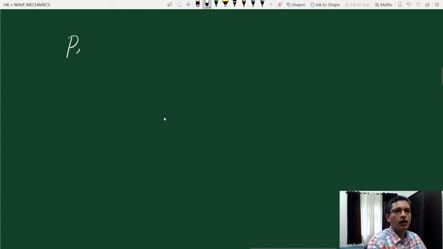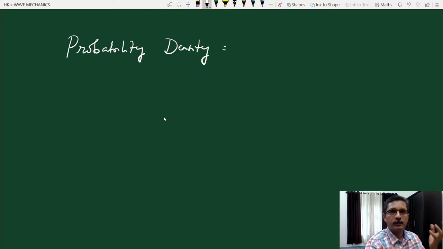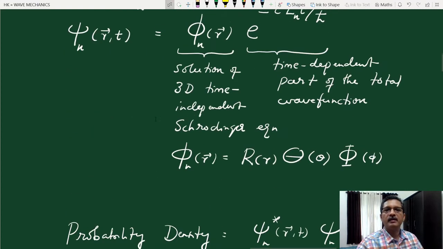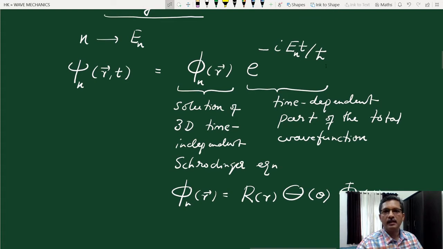The probability density of the electron, or probability density of the hydrogen atom, you can say, when the electron is in a particular energy state, is psi n star psi n, right? Now if you substitute for psi n star psi n, this is phi n star of r. What is psi n? We have written it as phi n into e raised to minus i E n t by h cross. Both parts we have to take the complex conjugate.